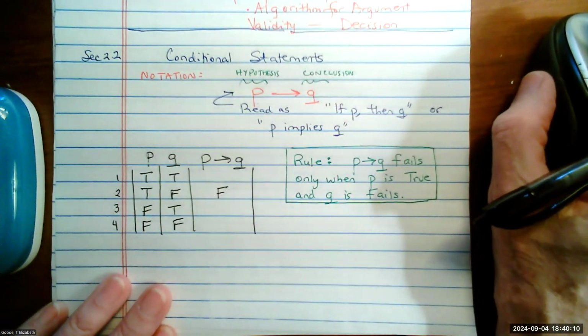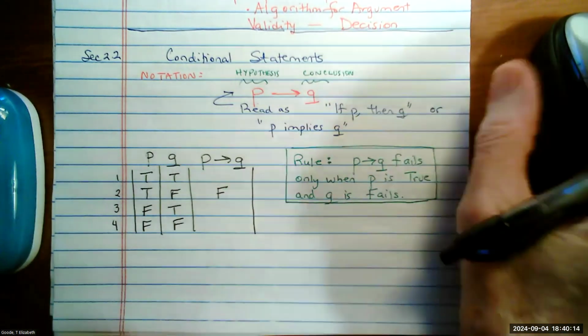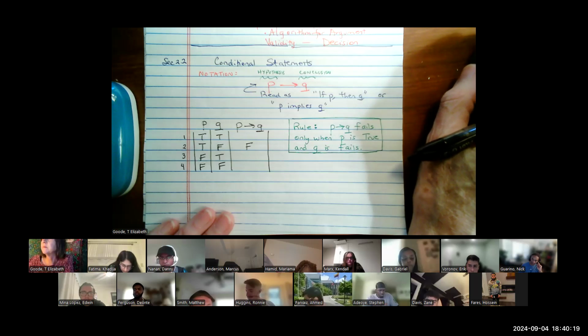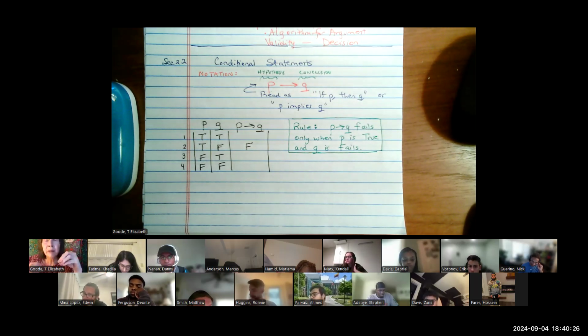And listen, the intuition behind if P then Q is this. If P then Q only tells us what should happen if P is actually true. It doesn't speak to what should or shouldn't happen if P is false. It only says, hey, if P is true, then Q needs to be true as well.